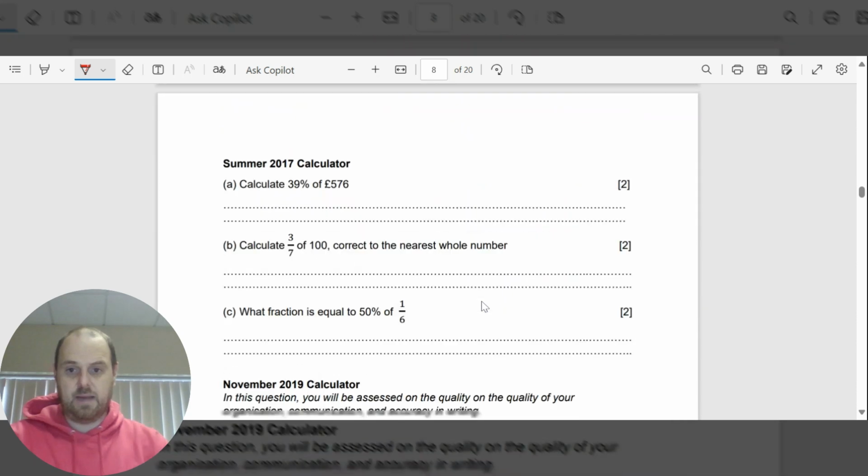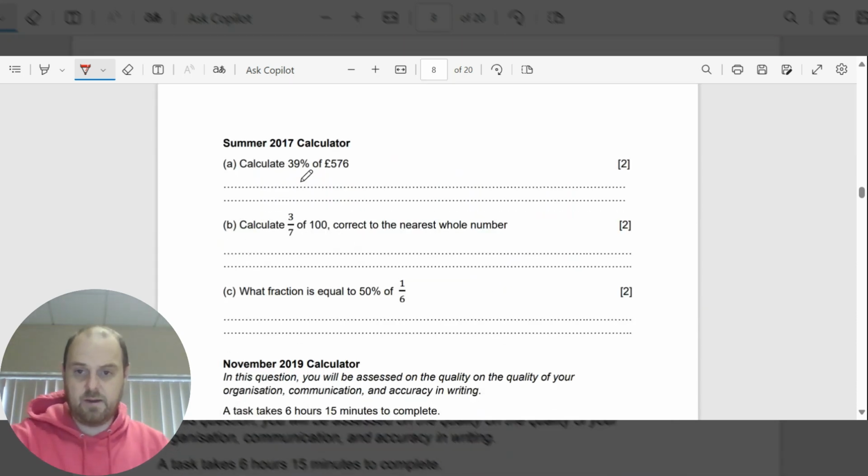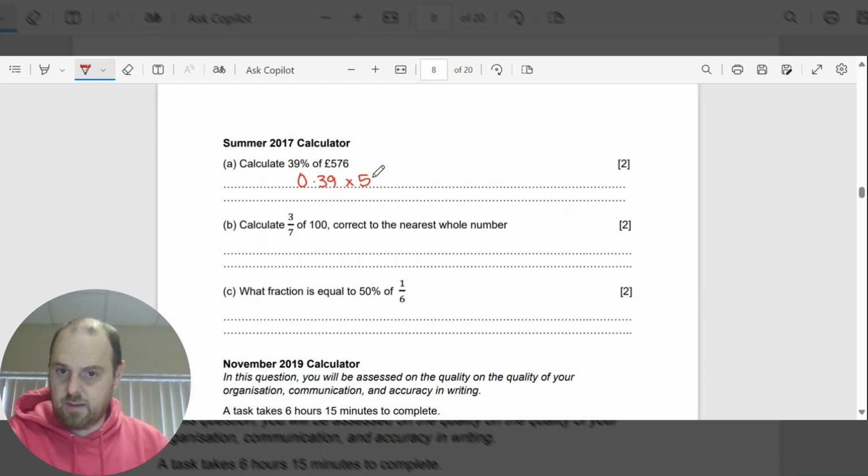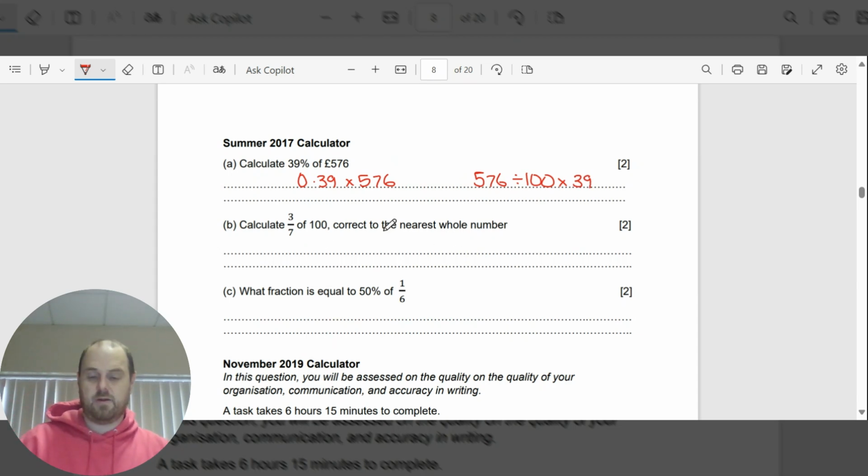Okay. With a calculator, lovely people, right? That's one way, with a calculator, or divide the number by 100 to find 1% and times by 39. They are doing the same thing, okay? If it's fractions, it's divide by the bottom times by the top.